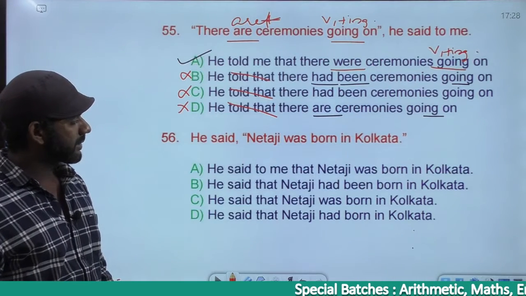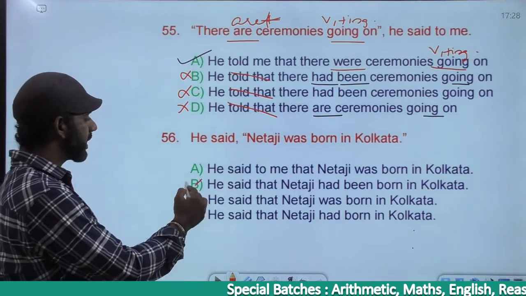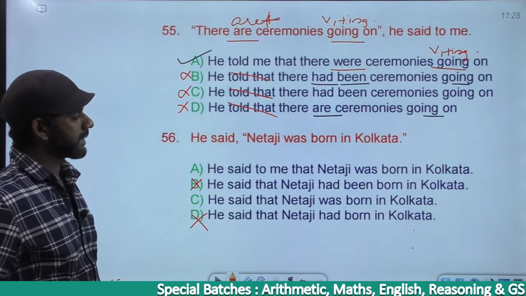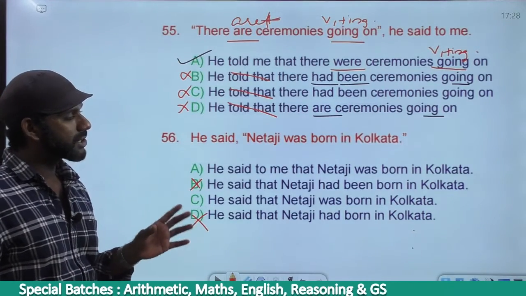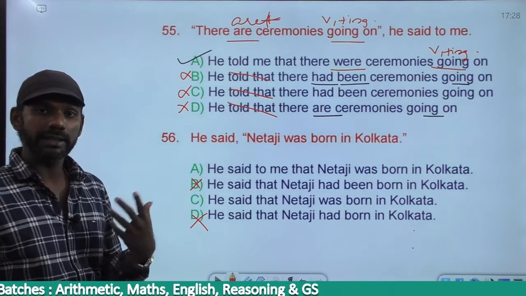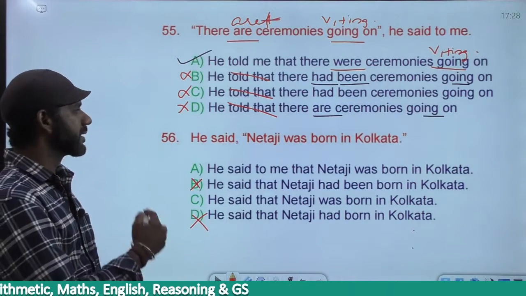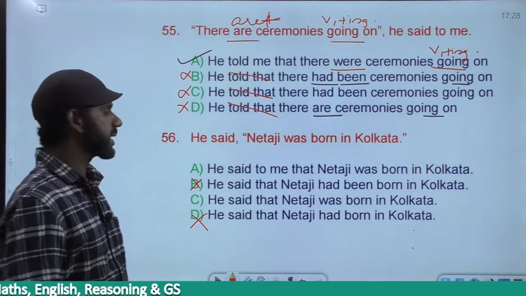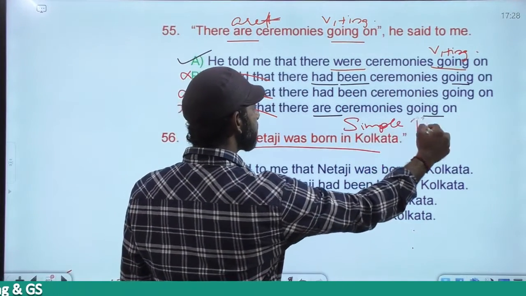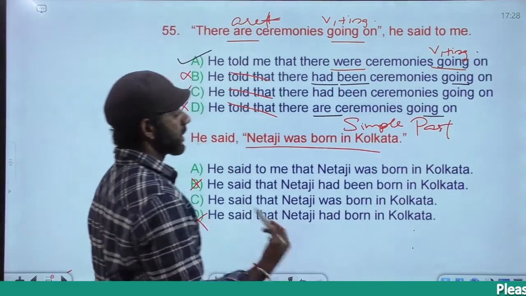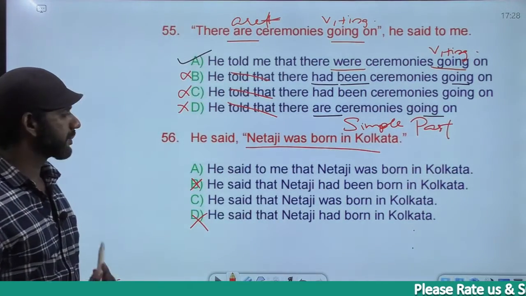Based on that, options B and D are eliminated. Come to option C. He said that Netaji had been born in Kolkata, like past perfect. Eliminated. We want it to be the same tense and category. Netaji was born in Kolkata is simple past tense. So in the indirect speech also it must be in the simple past tense.